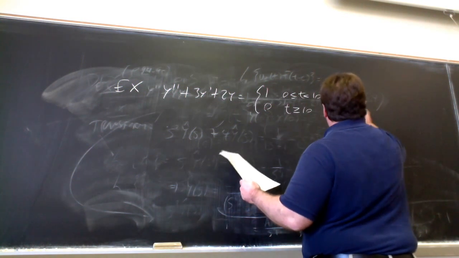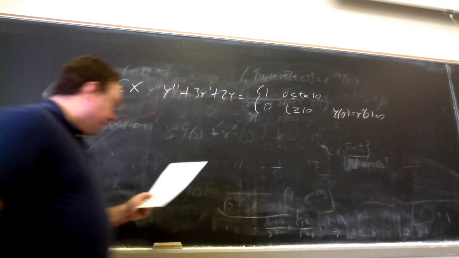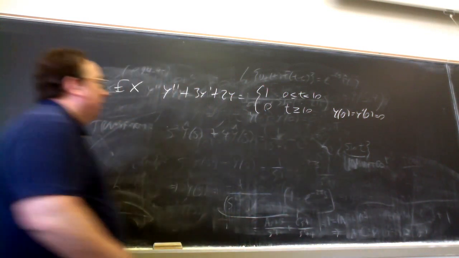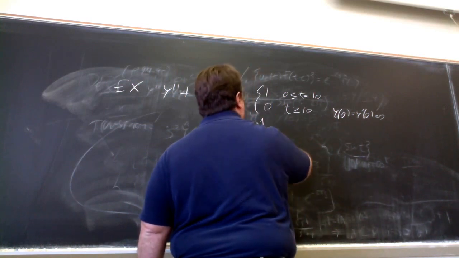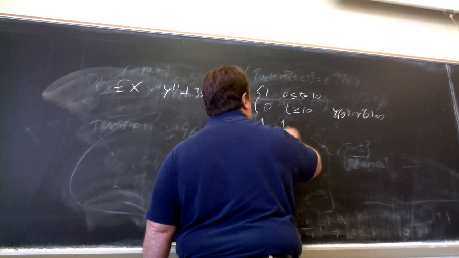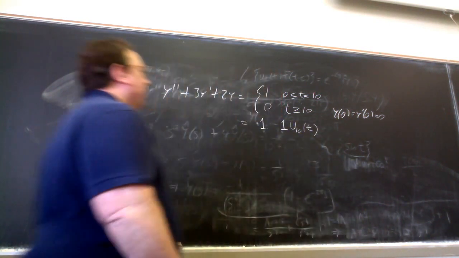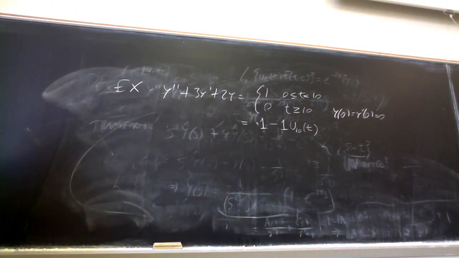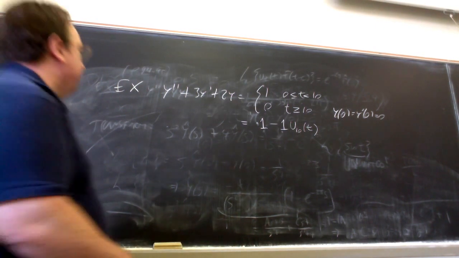And 0 initial values. To express this as step functions, we turn 1 on at t equals 0, and then we turn it off at t equals 10. So that's the right side expressed with step functions to make it suitable for transforming.